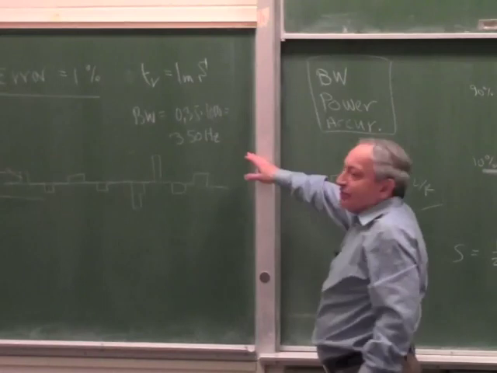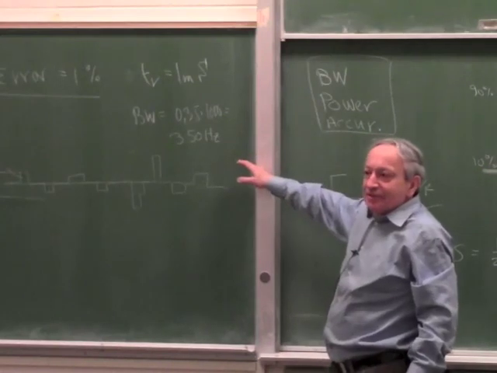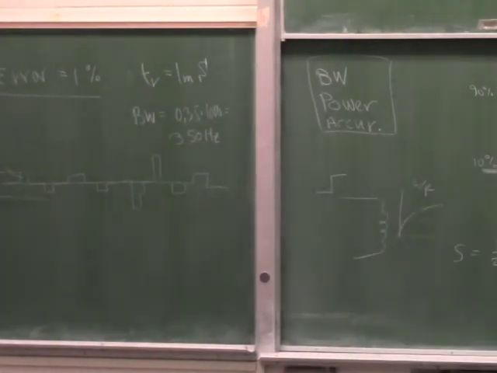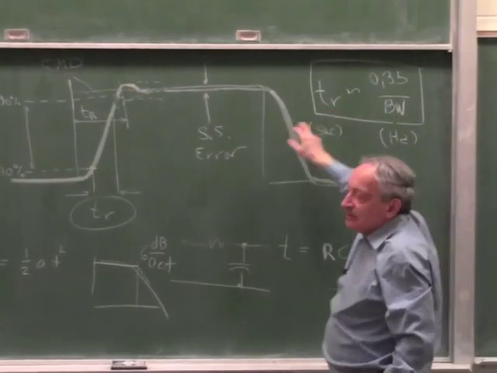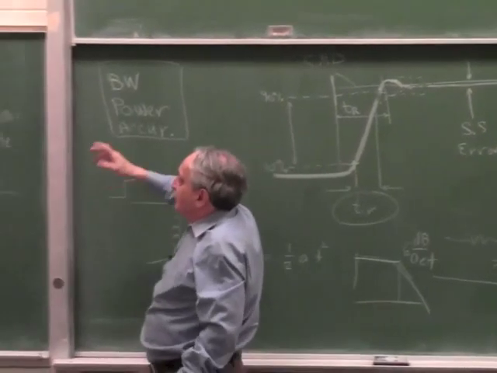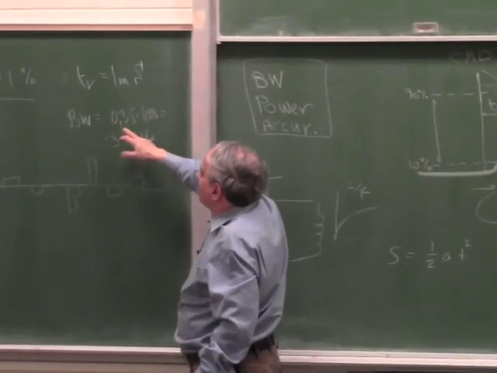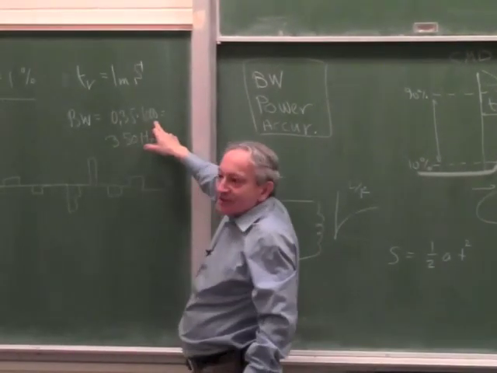Is that clear to everybody how I arrived at the bandwidth? I just used this formula, I just reversed it. Bandwidth is 0.35 divided by TR, and dividing by a millisecond is like multiplying by 1000.